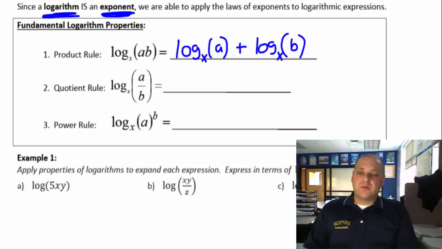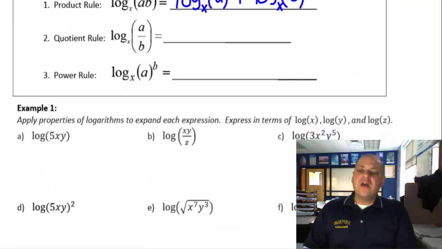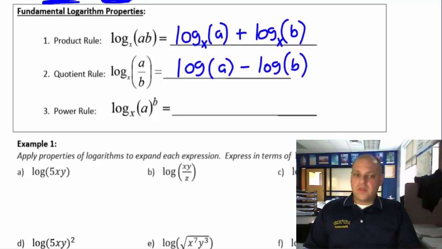So just like we did for the quotient, we subtracted the exponents, so now we're going to subtract the logarithms. Log of a minus log of b. And then the x was the base, so the x just carries over. And this one's a little different.